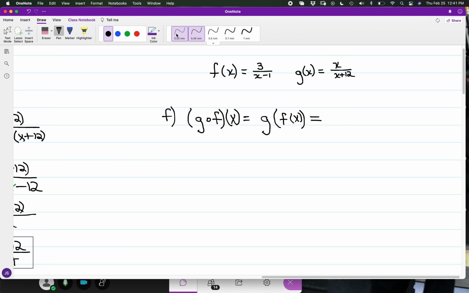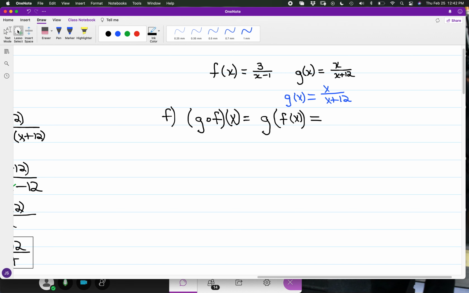And now we have the output function in line with g of x. So g of the input is equal to the input all over the input plus 12.